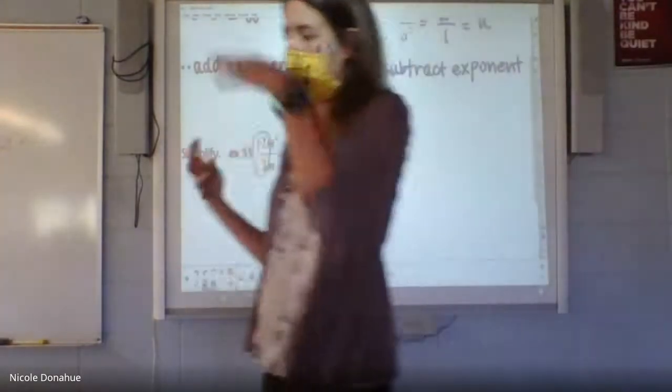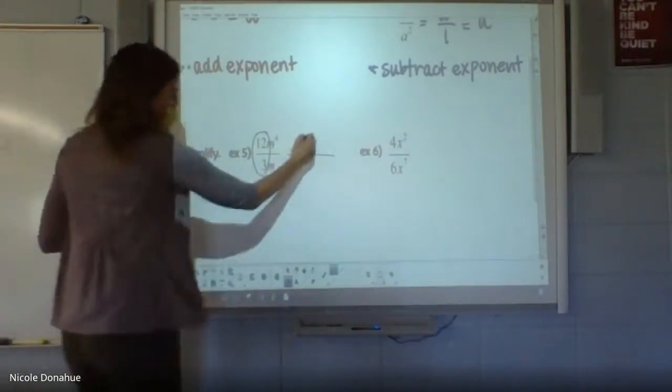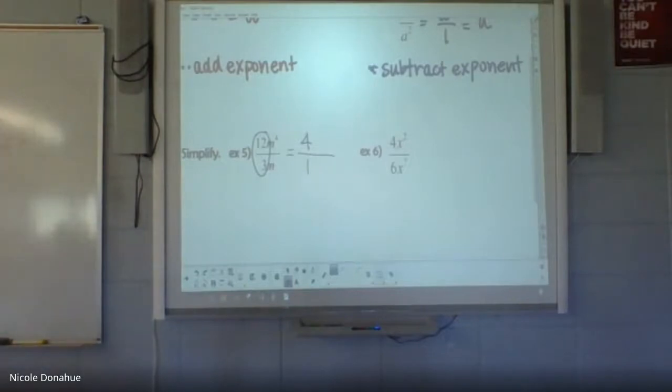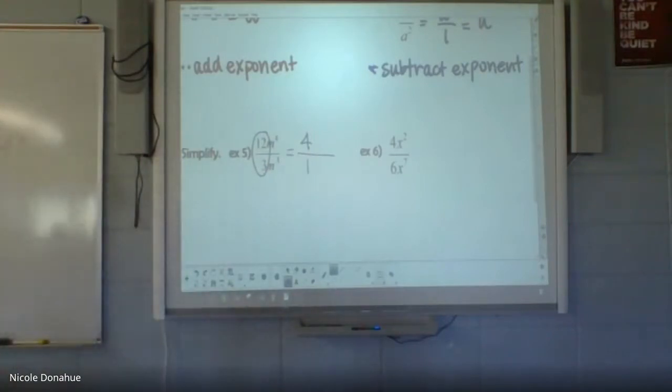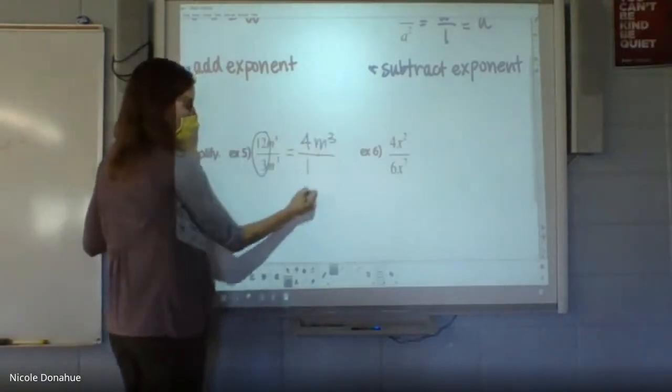One of the things that happens with these is we start thinking of these rules, and then we start applying them to things they're not supposed to be applied to. So 12 over 3, Abby just divided those to be 4, or 4 over 1. And we have m to the 4th over m to the 1st. Where are there more m's? Top. How many more? 3.